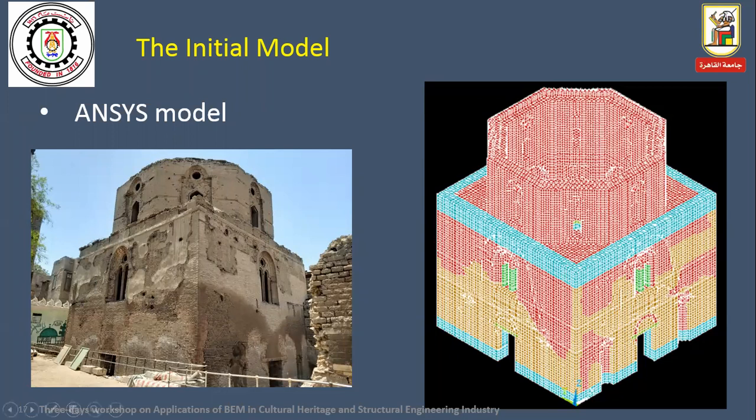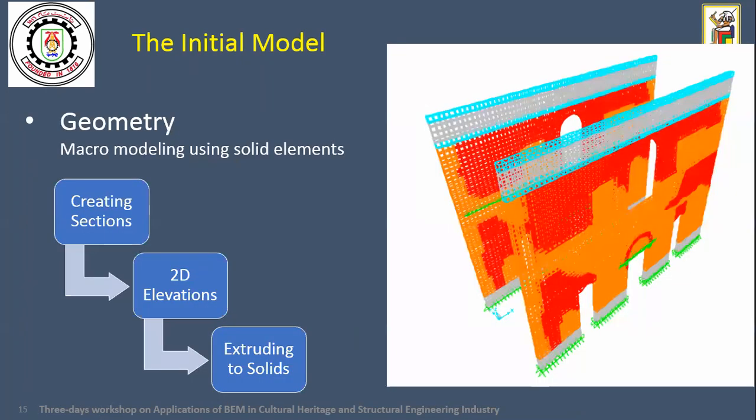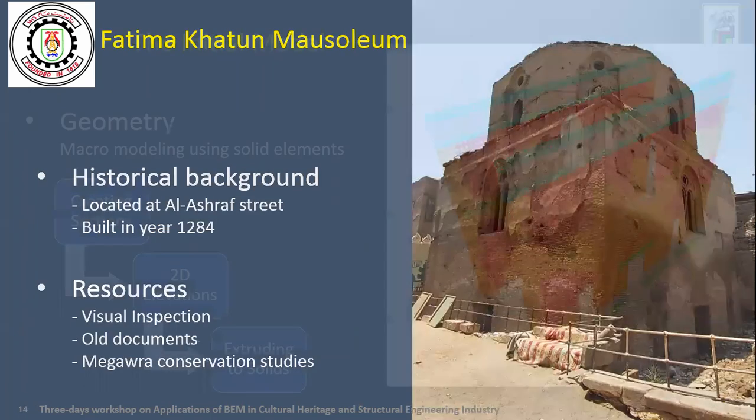So this is why it might not have been very representative of the structure itself. And the other issue, as we were discussing a few minutes ago, is that we are using a smeared model, which is the brick and the mortar as a single element. So of course, that is also another source of error.